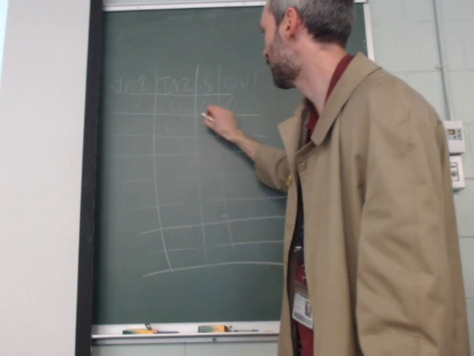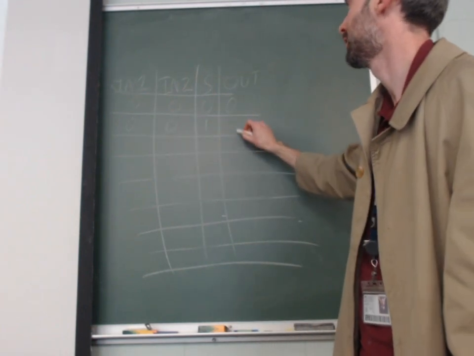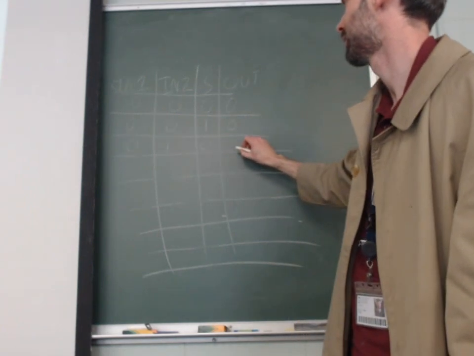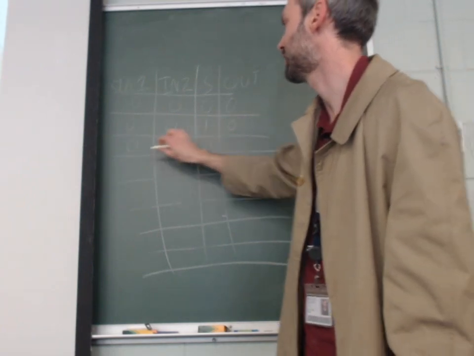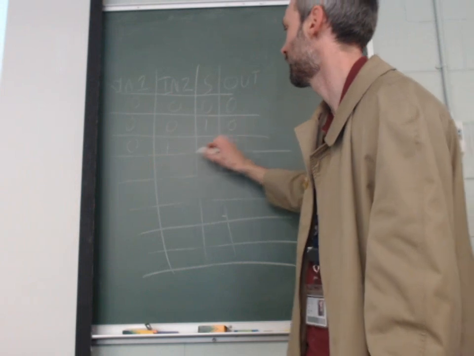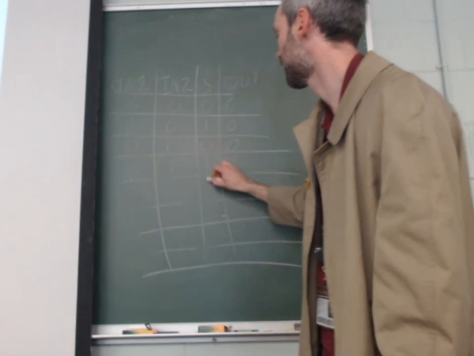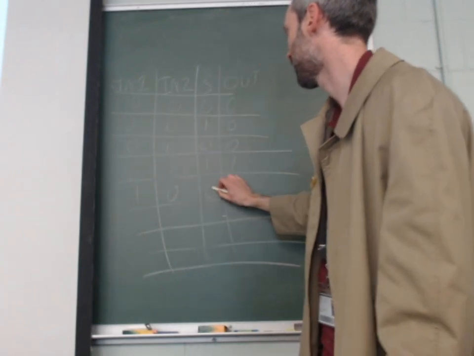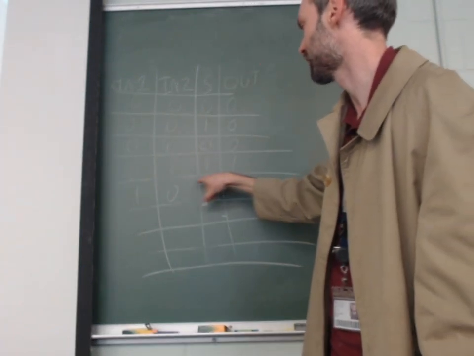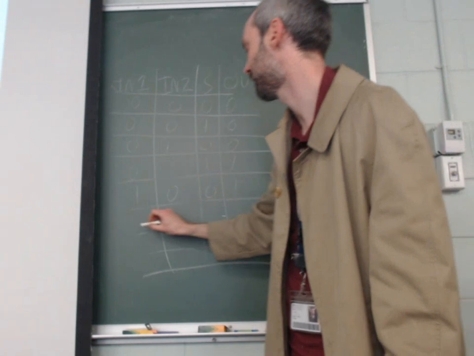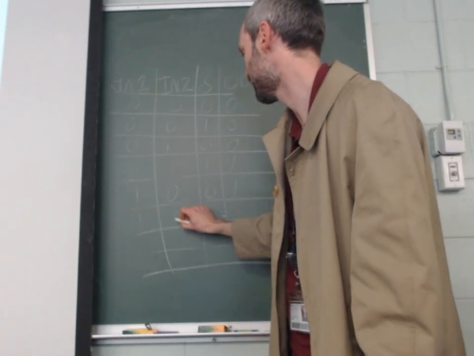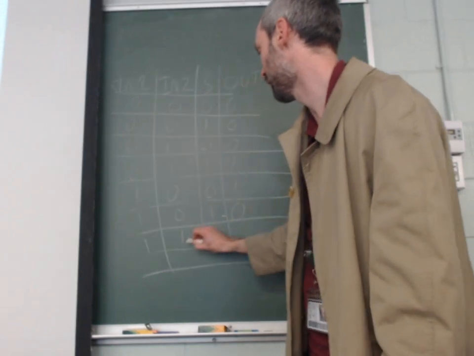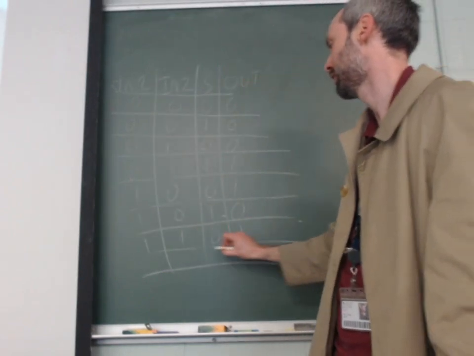We'll do 0, 0, 1. Right, because you're selecting the first one, so it's 0. Then 1, because you're selecting the first input, which is 1. And then 1, 0, 1, 0. 0, 1, 1, 0.